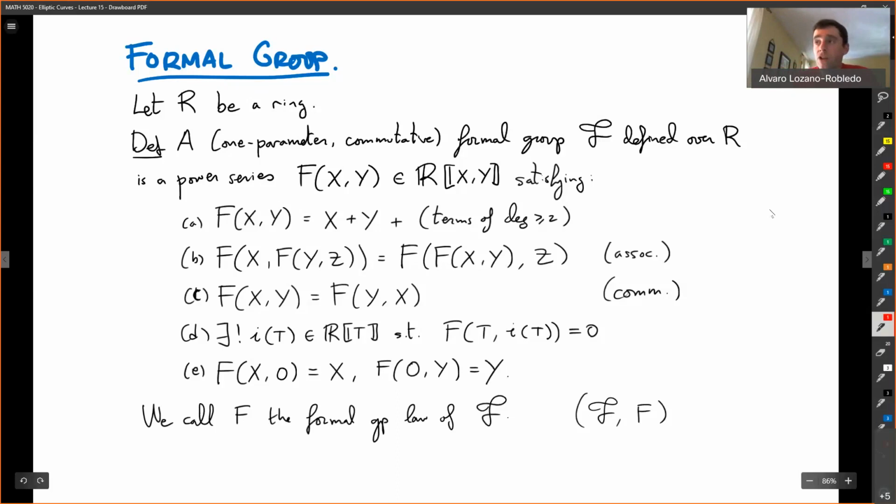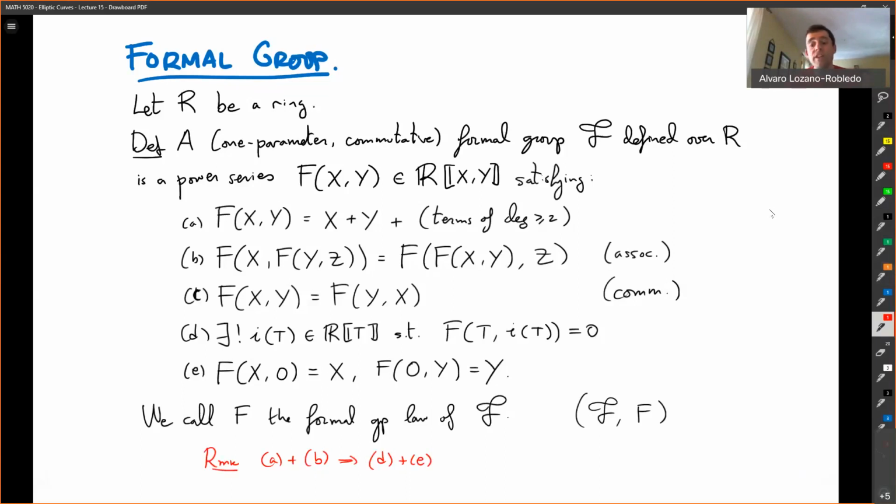One can show that A plus B actually imply D plus E, and I believe if R satisfies some more conditions, that would also imply C. So the parts A and B are actually the fundamental properties, but it's nice to put them all together because then this really resembles what a group looks like.